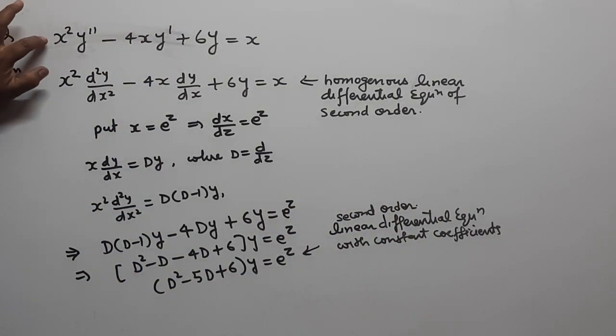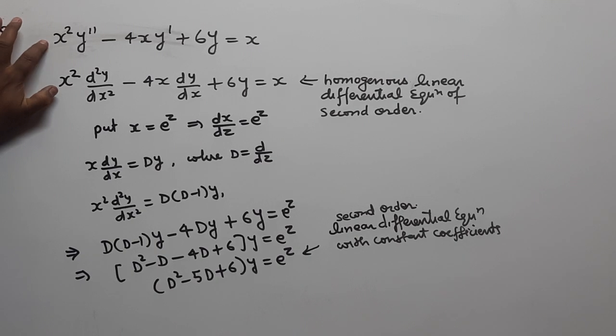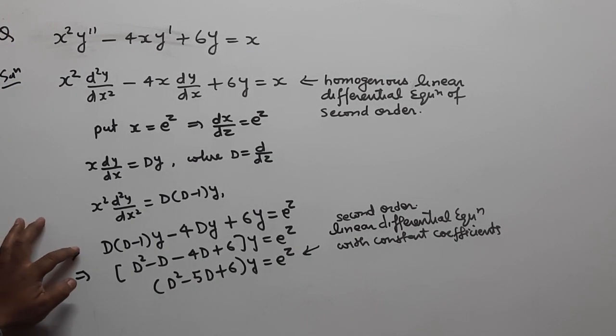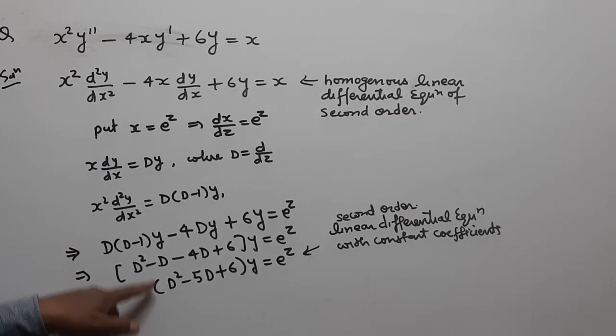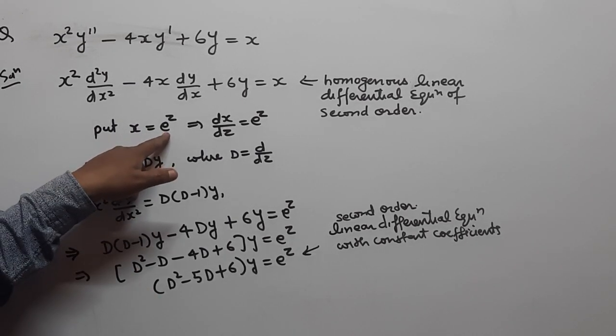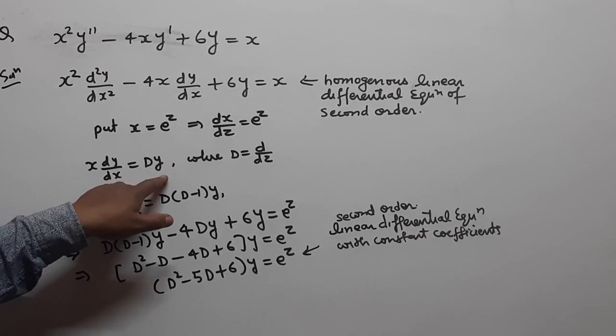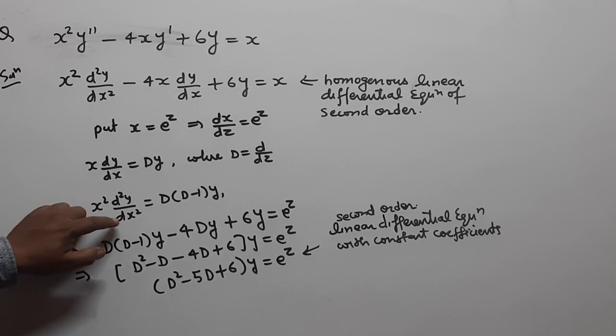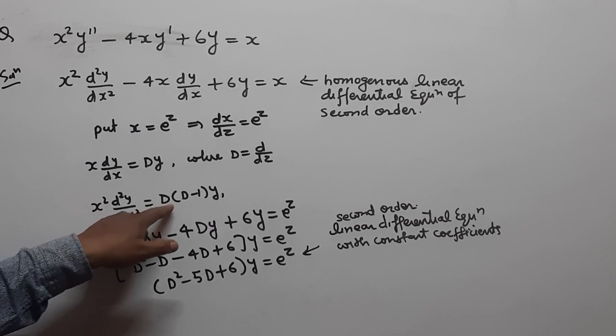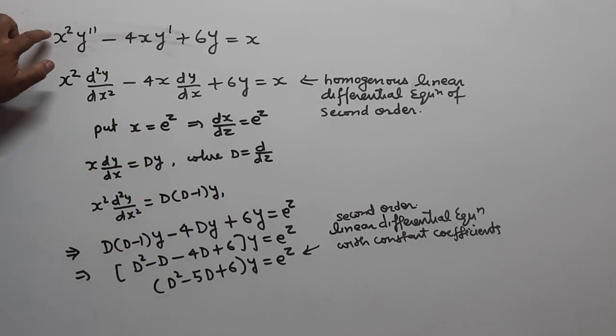You can see here the given differential equation is a second order homogeneous linear differential equation. We can convert this into a second order linear differential equation with constant coefficients by putting x is equal to e to the power z, and in place of x dy by dx we put capital D y, and in place of x square d2y by dx2 we put D(D minus 1) y.